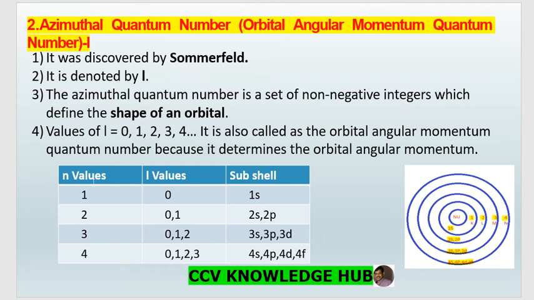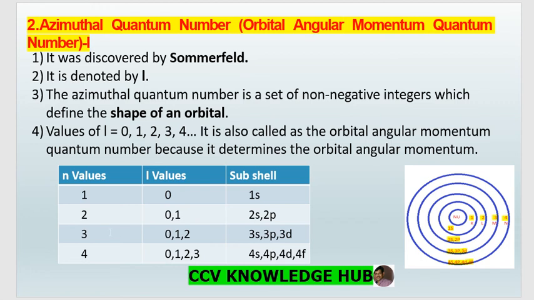And a very important thing you have to remember: based on the n value, l values will come. For n equal to 1, l equals 0, that is the 1s subshell. If n equals 2, there are 2 subshells, 2s and 2p, where s always has l value 0 and p has l equal to 1.